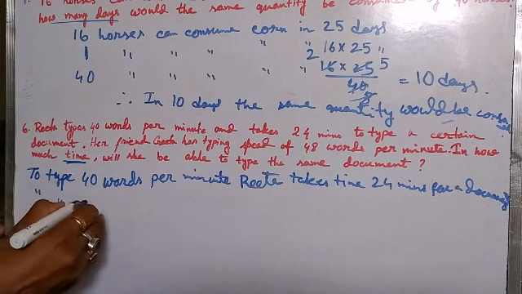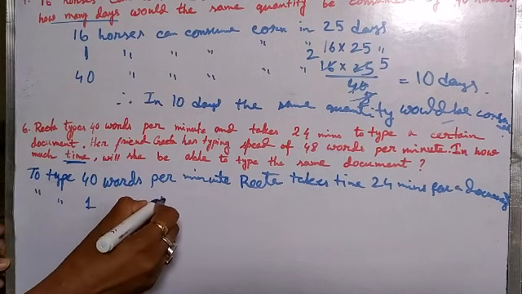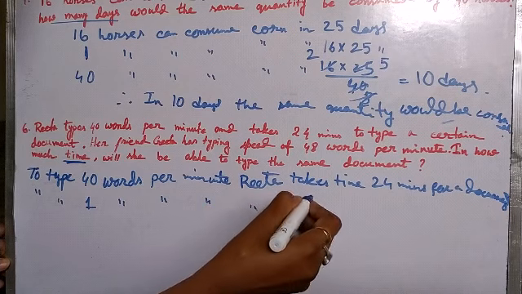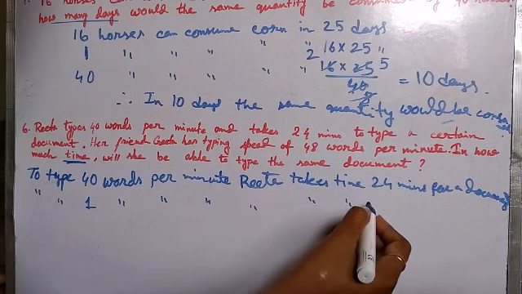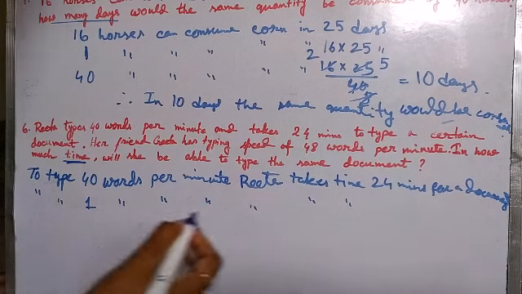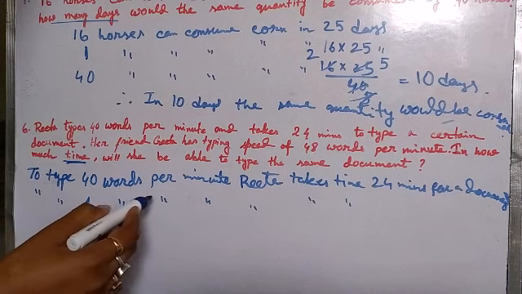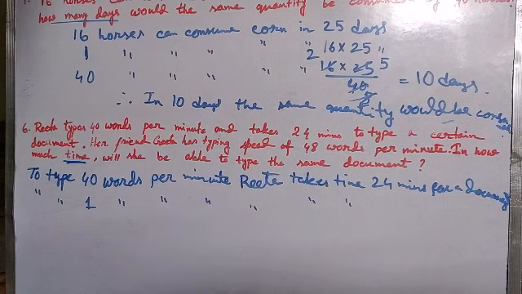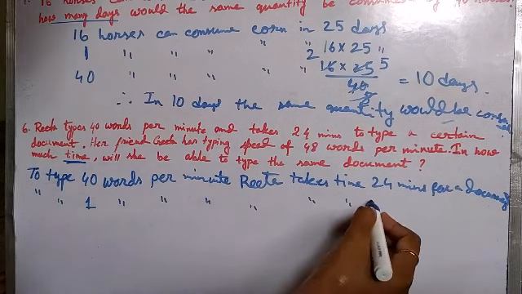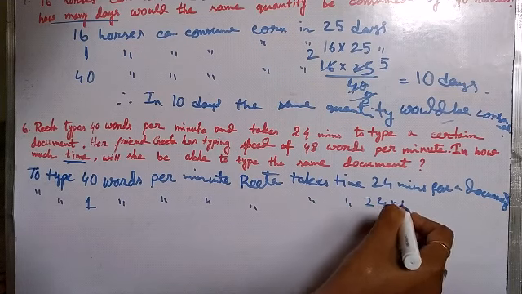Then to type 1 word per minute, the time taken will be more, because with 1 word per minute, more time is required to finish the document. That's why it will be multiplication.